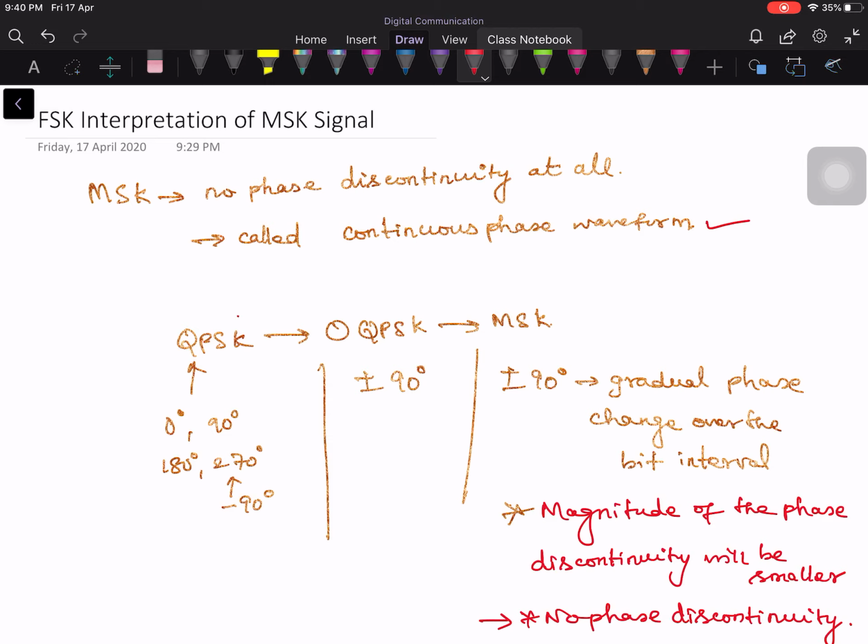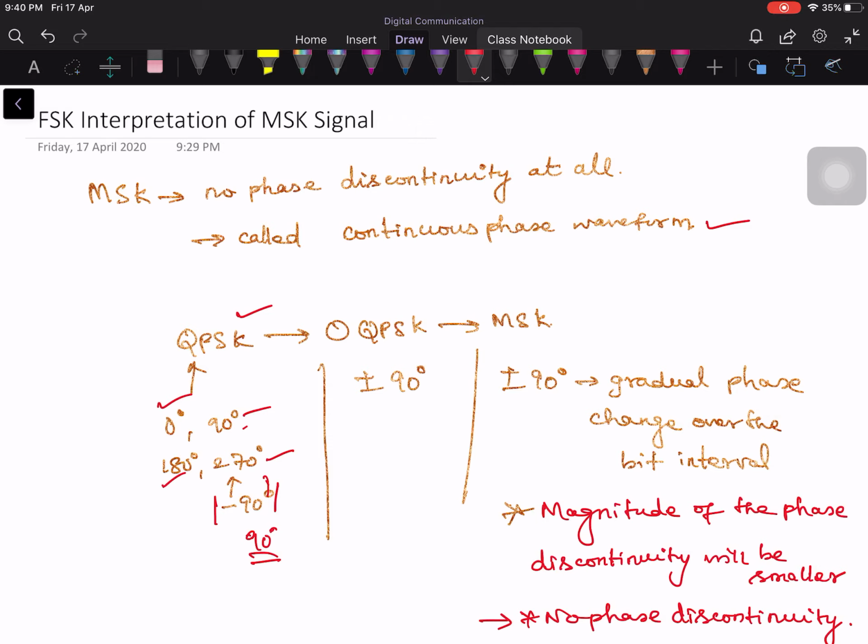We started with QPSK, where we said there are four phase shifts: 0 degree, 90 degree, 180 degree, and 270 degree. And 270, of course, is minus 90. If you take the magnitude of this minus 90 degree, it is again equal to 90 degree.